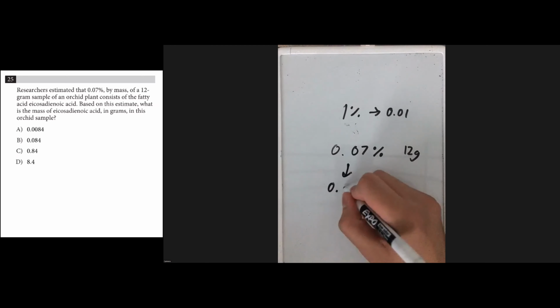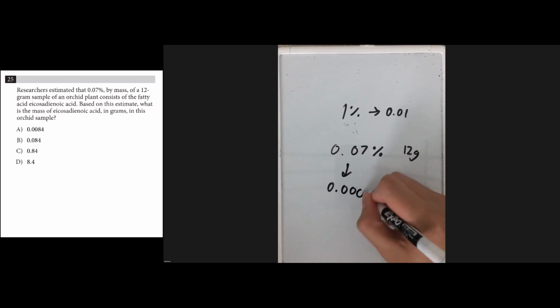And so the first thing we need to do is convert this 0.07% into a decimal. Let me give you an example. If we had 1%, that would be 0.01. And so 0.07% would be 0.0, and then you add two more zeros, 7.